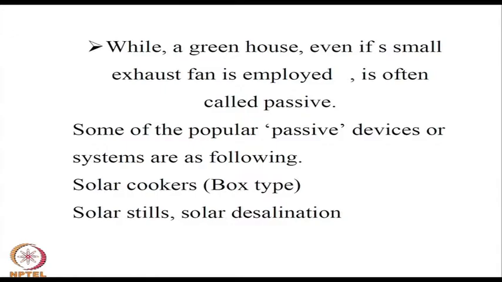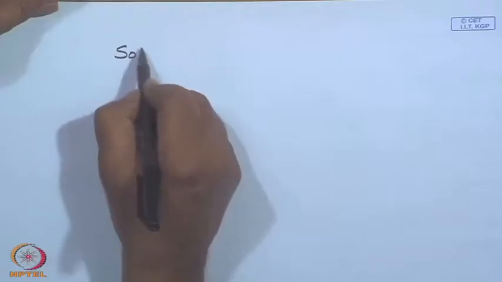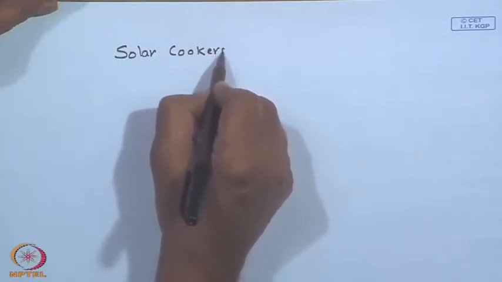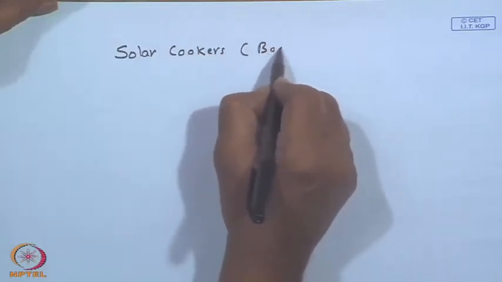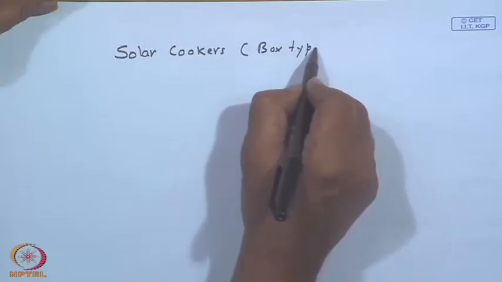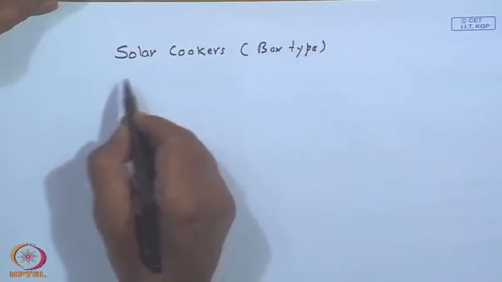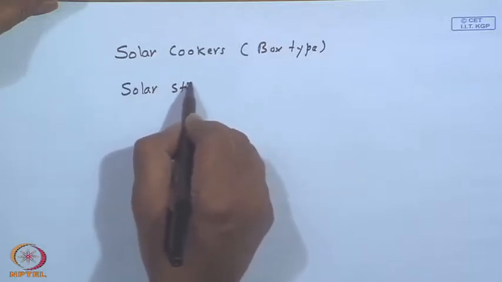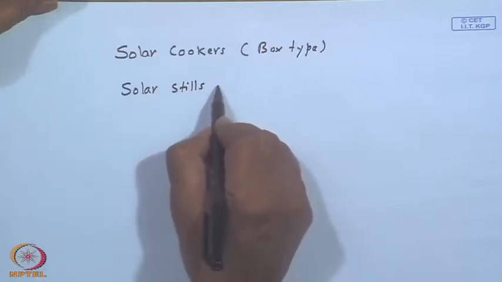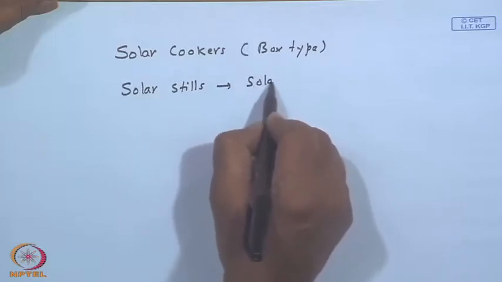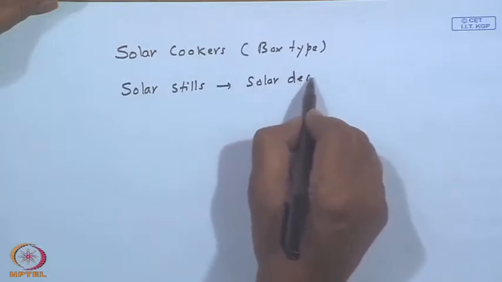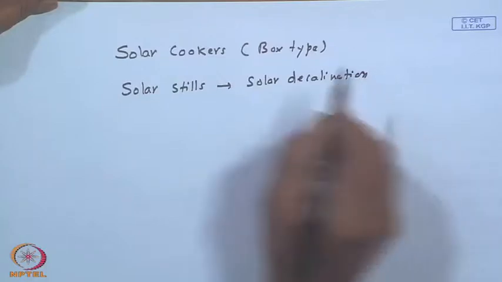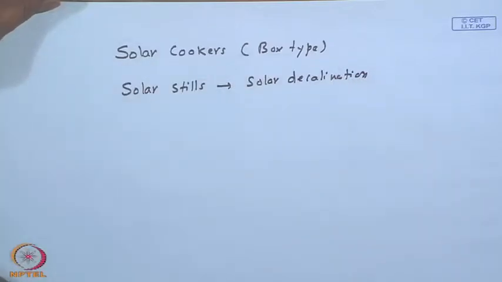For example, solar cookers, which we will say are a box type. You can have even a very active system, then solar stills. This is basically solar desalination. You may have n number of ways of doing it, including a reverse osmosis process.